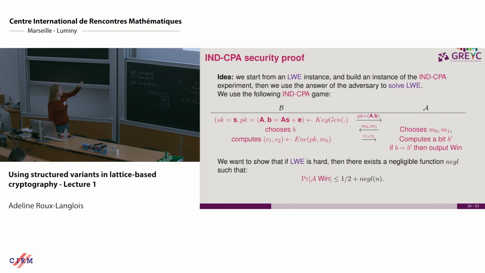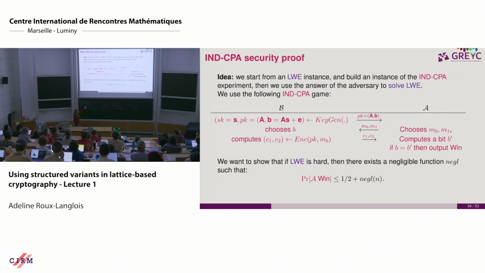The secret key is S, the public key is A, B. B sends its public key to A. A chooses two messages, so I define the public key encryption with only 0 and 1, like you can only encrypt 0 and 1. So M0 equals 0 and M1 equals 1, but it's fine. You choose in which experiment you are, B, and you compute the encryptions. And then A answers a bit and wins if B equals B prime.